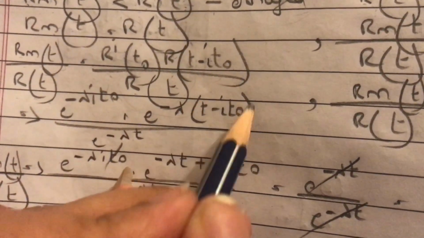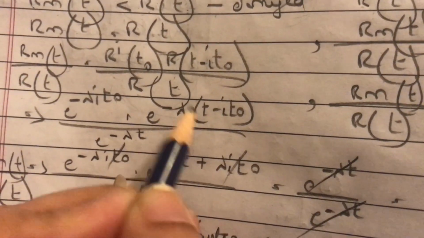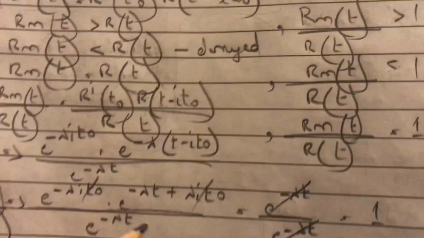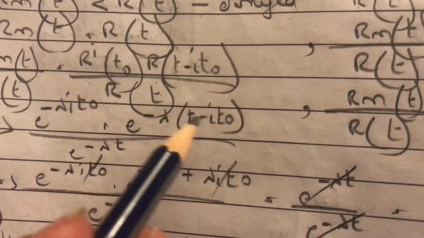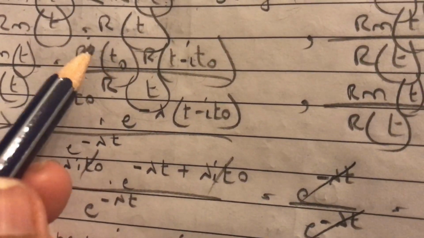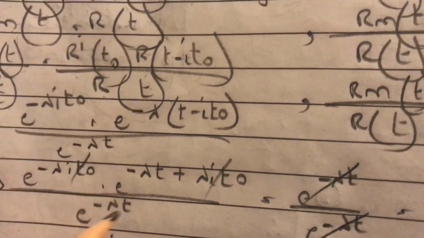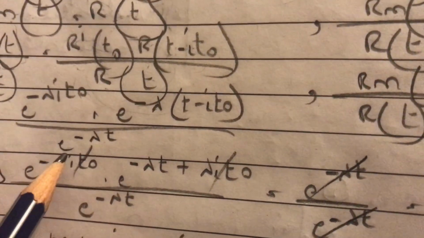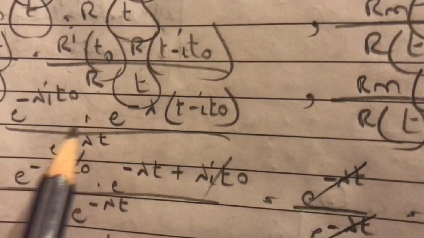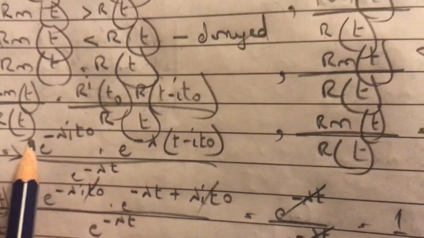So this remains here, and only lambda comes here as R of t is e to the minus lambda t. So in the place of t we have this. Here also in the place of t we have i and t0, and here we have R of t, so we have R of t as e to the minus lambda t, so it remains here in the same way.